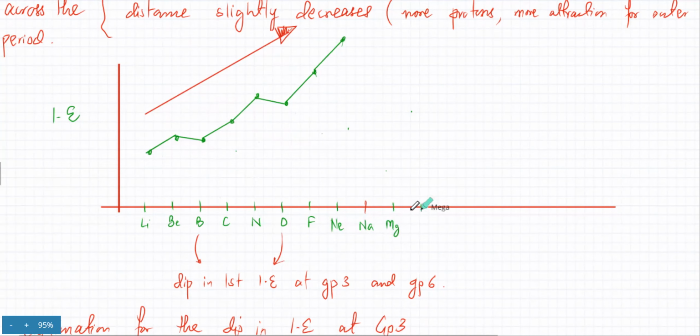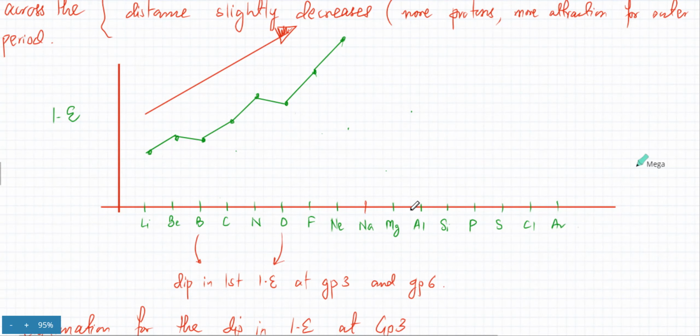Then after magnesium, 13 would be aluminium. Then 14 would be silicon. 15 would be phosphorus. 16 is going to be sulfur, chlorine, and you have argon.